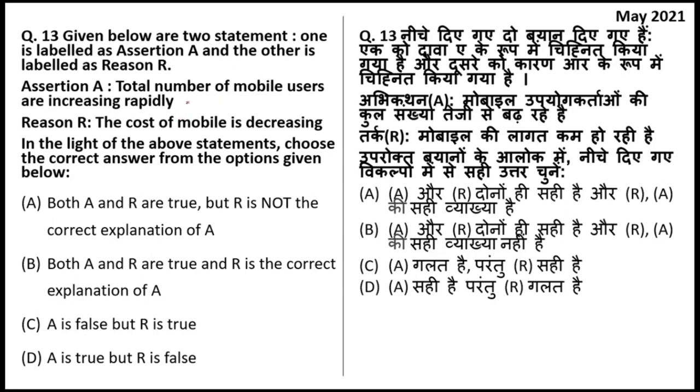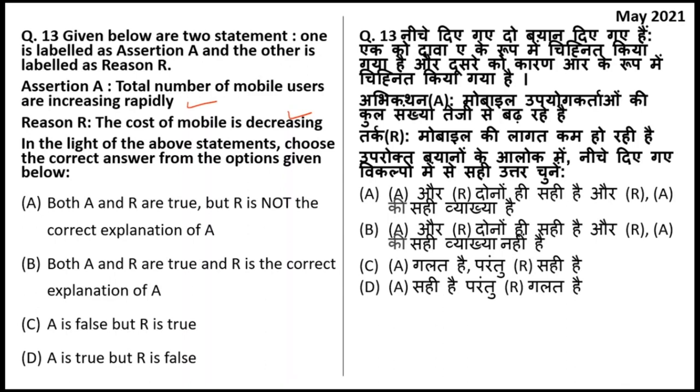Yes, this statement is true because nowadays every small child or elderly person, everybody is using a mobile phone. So the total number of mobile users are increasing, right? So this is correct. Let's look at the reason. The cost of mobile is decreasing. Yes, this is also very true. 15 years ago, the simple mobile that had only buttons used to cost 10 to 15,000 rupees.